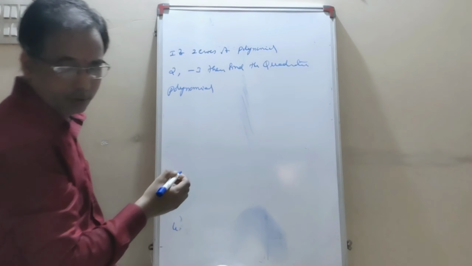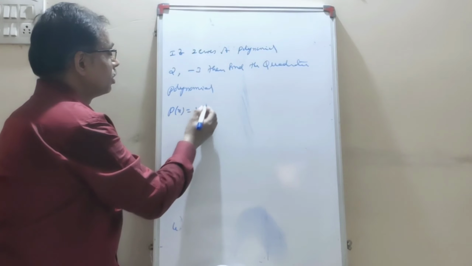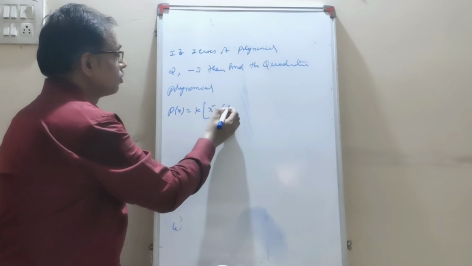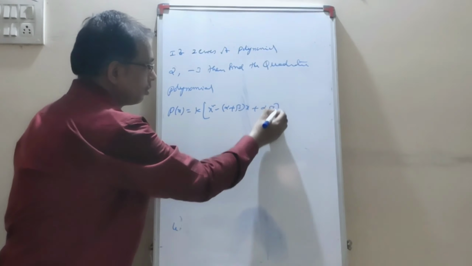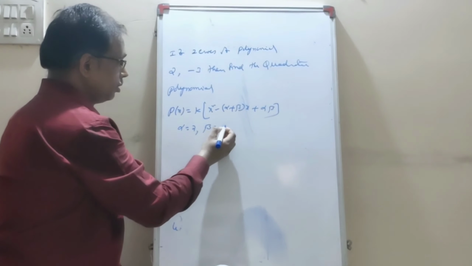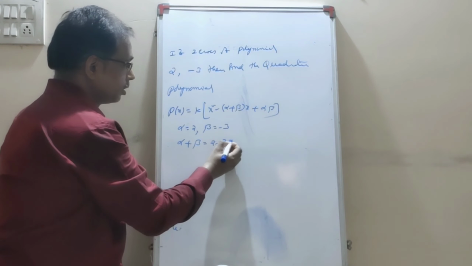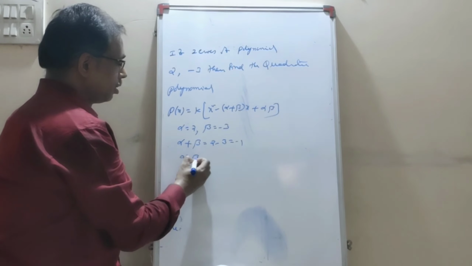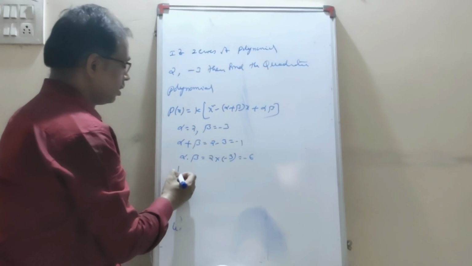So here the formula is simply we can write p of x is equal to some k into x square minus alpha plus beta into x plus alpha beta. So alpha value is 2, beta is minus 3. Find alpha plus beta, that is 2 minus 3, minus 1. Alpha into beta, 2 into minus 3, minus 6.